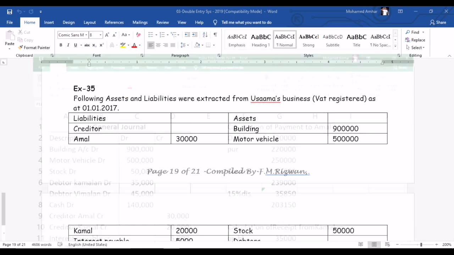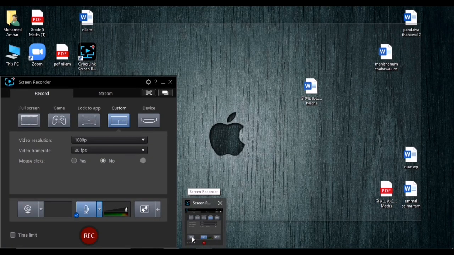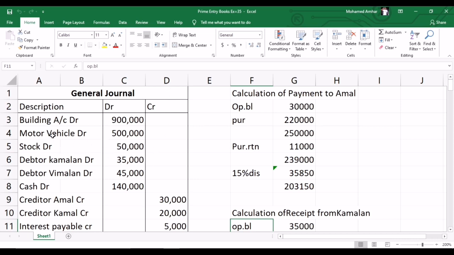Take the worksheet. Building account 900,000. Motor vehicle debit 500,000. Stock balance 50,000. Debtors: Kamalan debit 35,000, Vimalan debit 45,000.